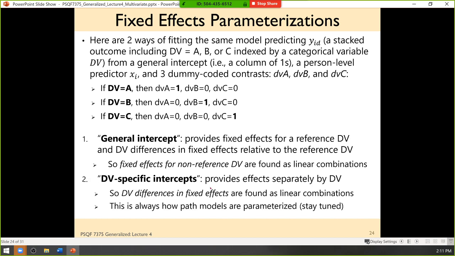The alternative that I want to show you today is a DV-specific intercept parameterization, multiple intercepts. That provides effects separately for each DV, and if you want to know if the effects differ between DVs, you have to ask for that as a linear combination instead. So it gets tricky to figure out what your model means.